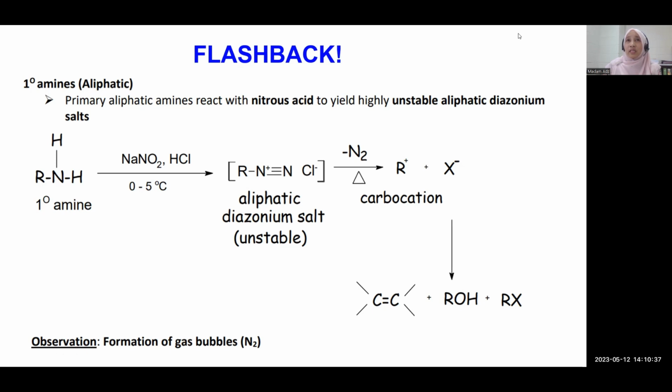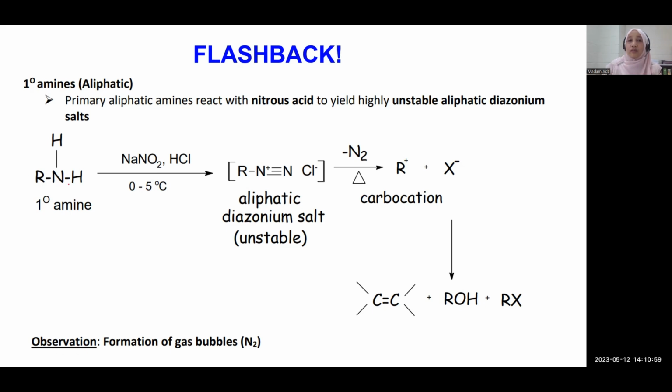Tapi kalau in comparison with aromatic amines macam contohnya aniline, it is stable below 5 degrees Celsius. Okay, sebab tu dia boleh buat banyak reaction seperti coupling reaction and so on. But for primary aliphatic amines, dia memang not stable at any temperature pun.